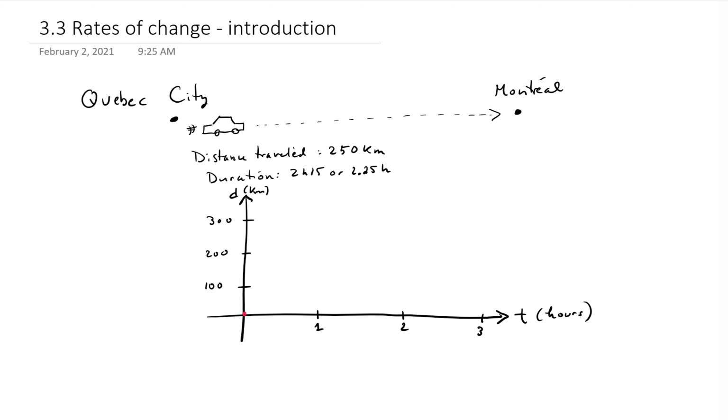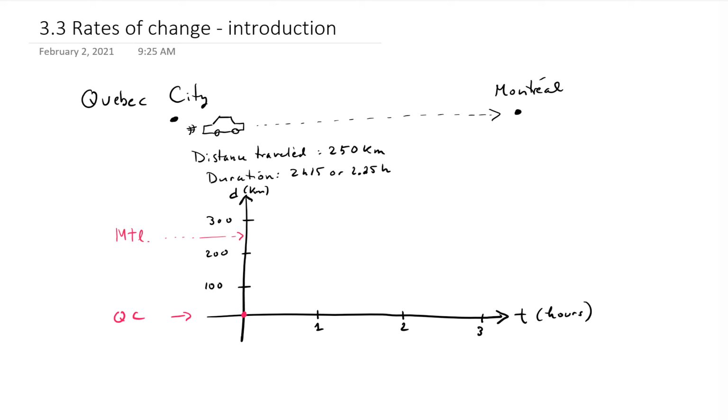So initially, he's in Quebec City, right? So when the distance traveled is 0, he's in Quebec City, and when he arrives at his destination, he's going to be right here, and this is Montreal.